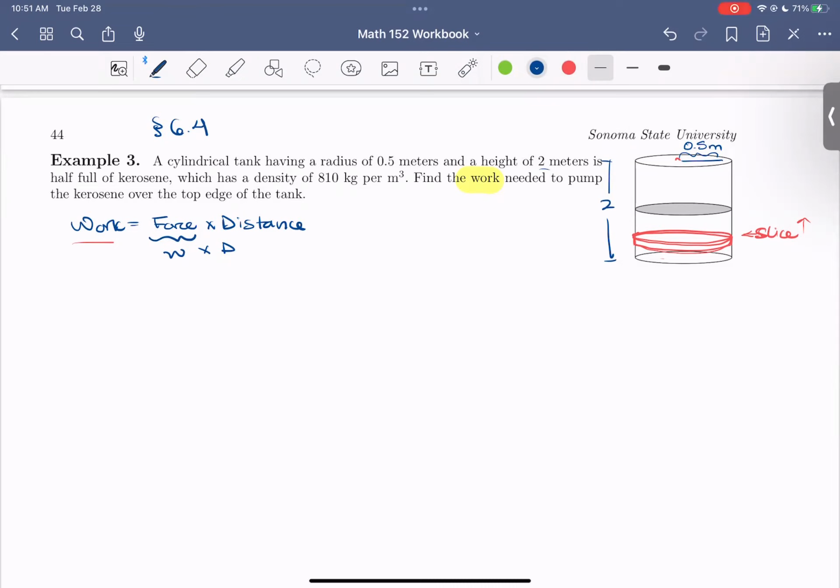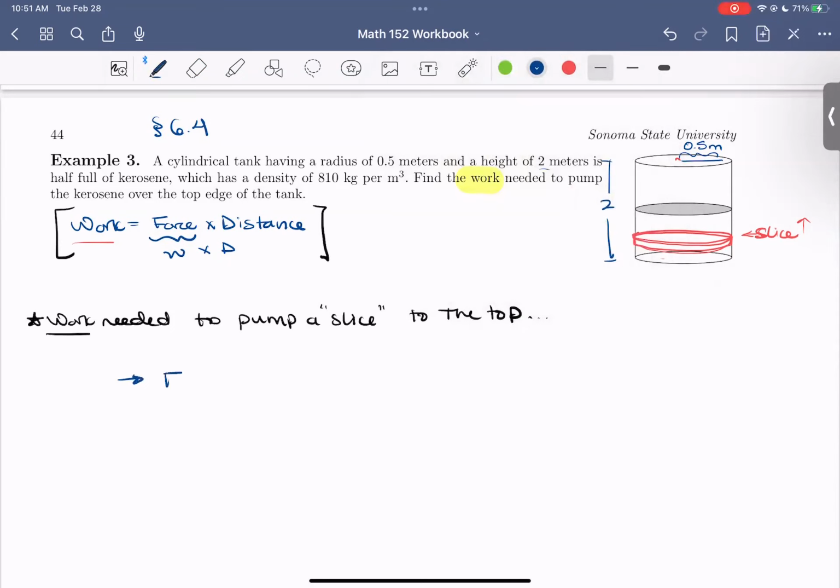As we did in the previous example, our goal here is to compute the work needed to pump a slice to the top. Again, we need to compute force times distance, so let's start with computing the force on a slice.